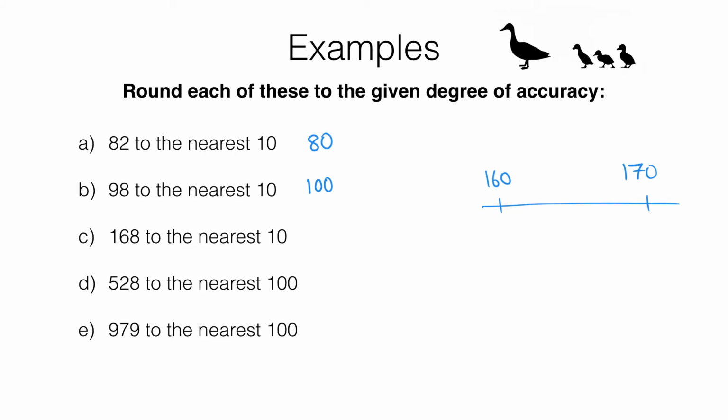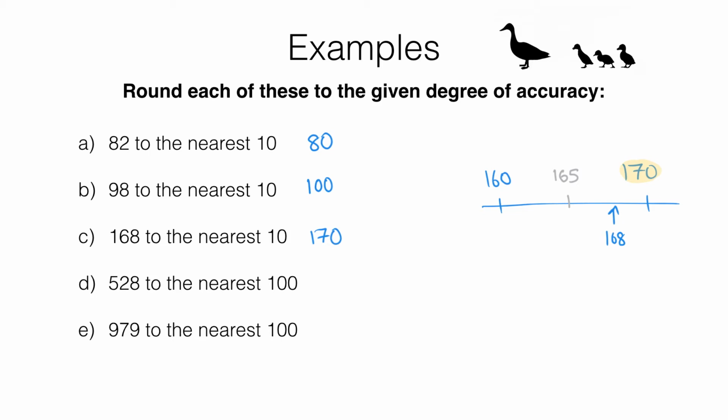Well, exactly halfway between is 165, and 168 is going to be greater than 165, so it's somewhere around here. And we can see that that is closer to 170 than 160. So the number in the 10 times table that's closest to 168 is 170.